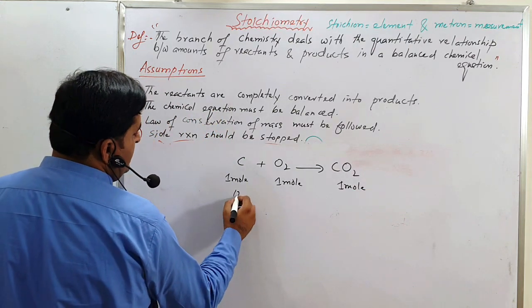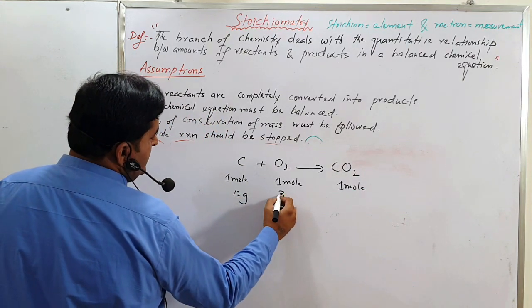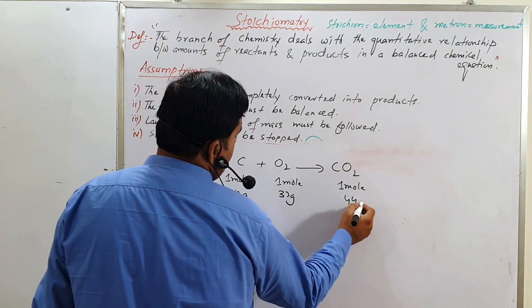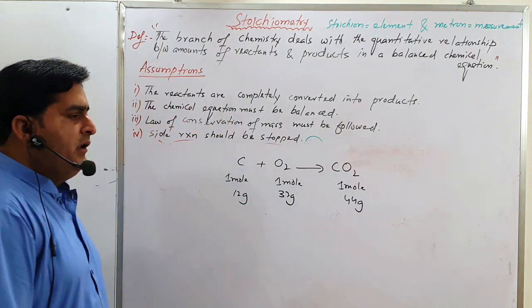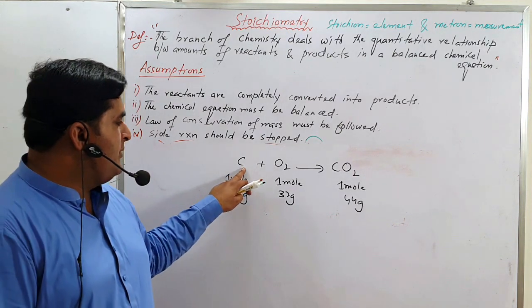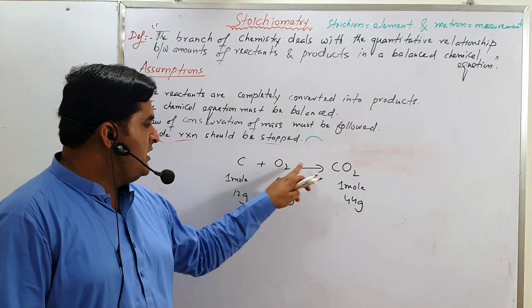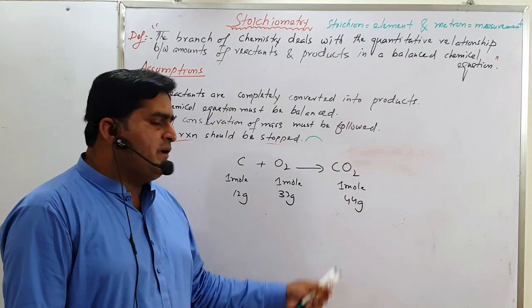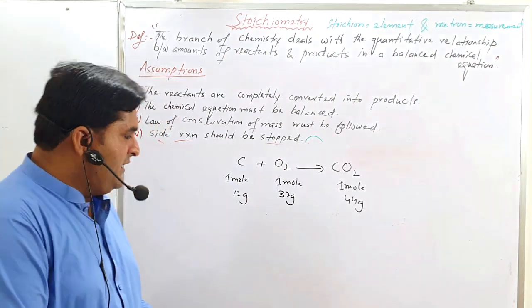In other words, 12 grams of carbon, 32 grams of oxygen, and 44 grams of carbon dioxide are formed. This is a balanced equation as there is 1 carbon here, 1 carbon here, 2 oxygen here, 2 oxygen here. So the masses are equal, which means this equation is balanced.